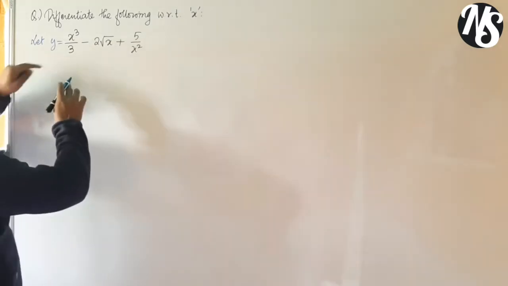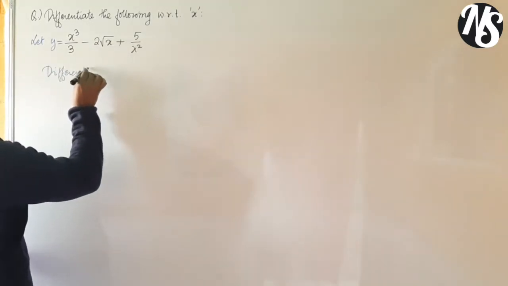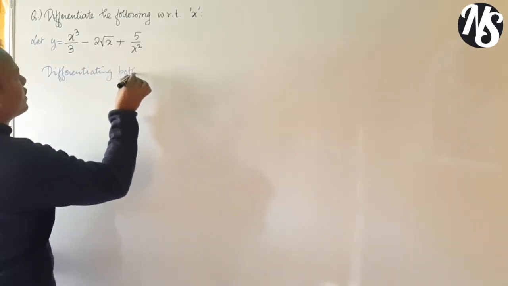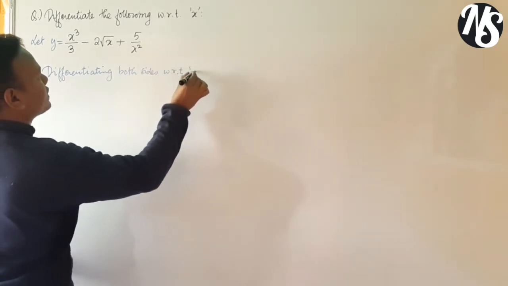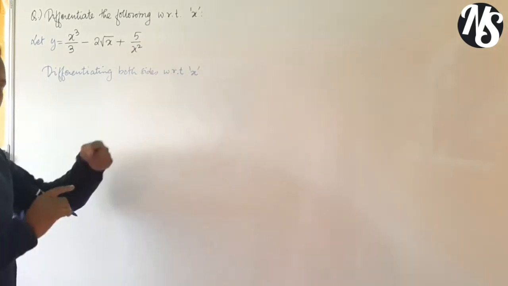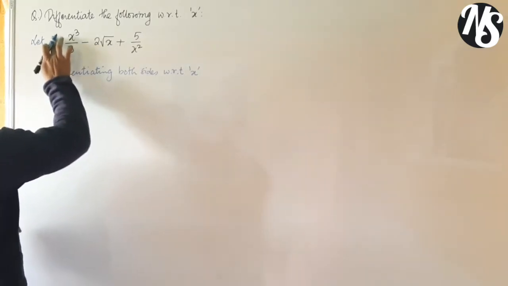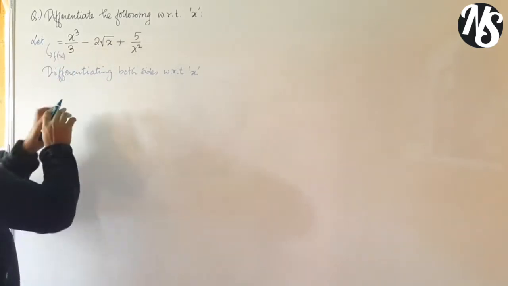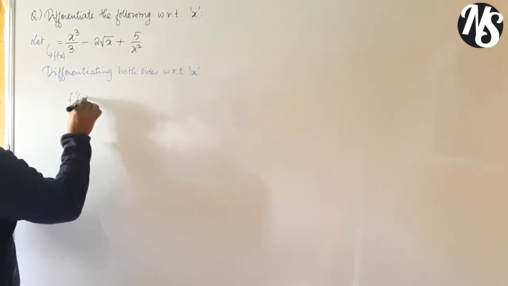Now below this you have to write, differentiating both sides with respect to x. Now suppose you write f(x) here, then the differentiation of f(x) will be f dash of x, isn't it?